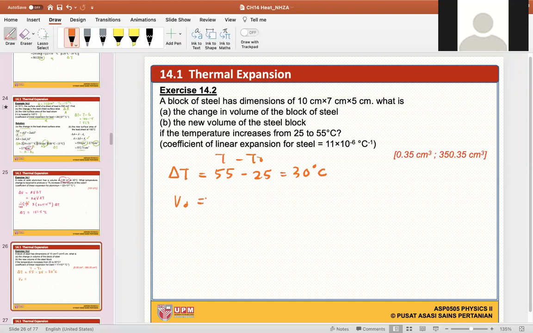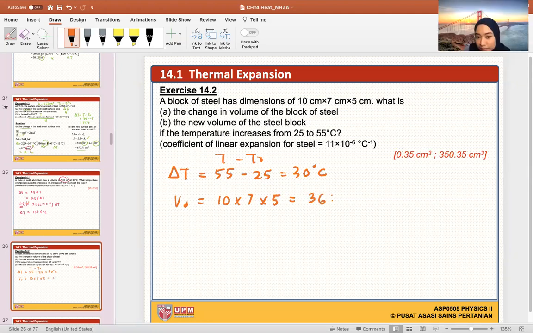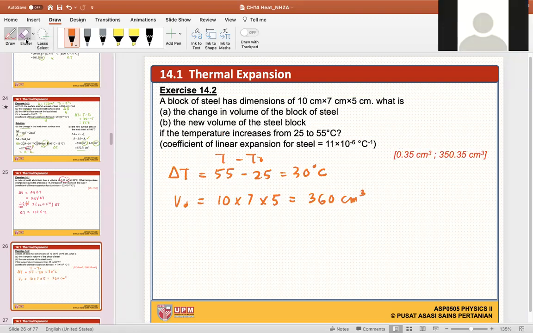V0 10 kali 7 kali 5. Saya dapat 350 cm cube. Okay, 350 cm cube.